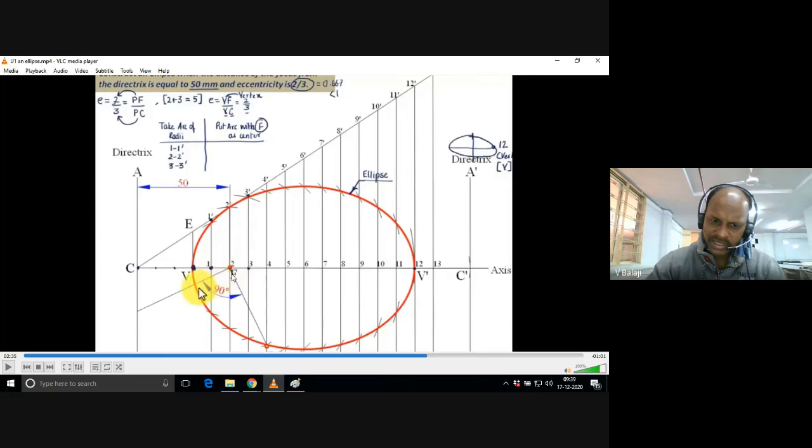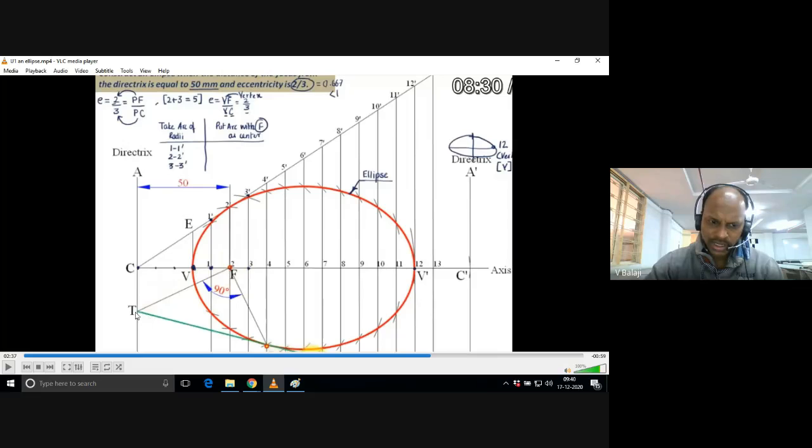You match one of the mini drafter scales to this line, and the other scale automatically gives you the perpendicular. That will hit the directrix somewhere. That is the tangent point.